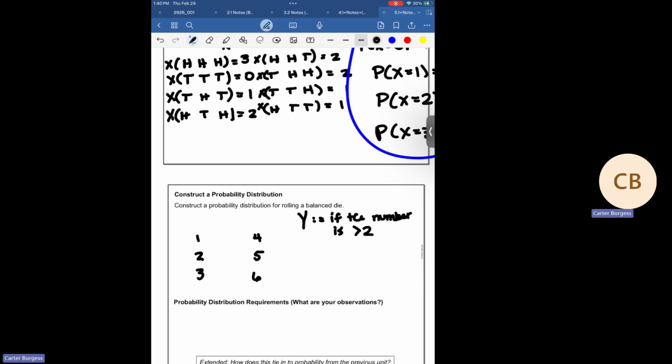Now, this is a yes or no question, right? It's either yes, it is greater than 2, or no, it is not greater than 2. So as it is right now, it's not going to spit out a number. What's maybe a way that I could communicate numerically that yes, it is in fact greater than 2?